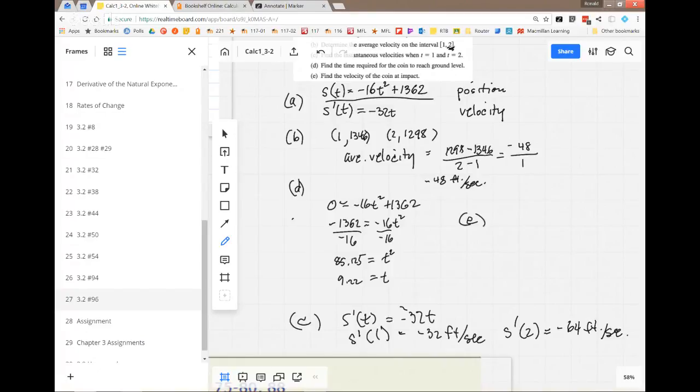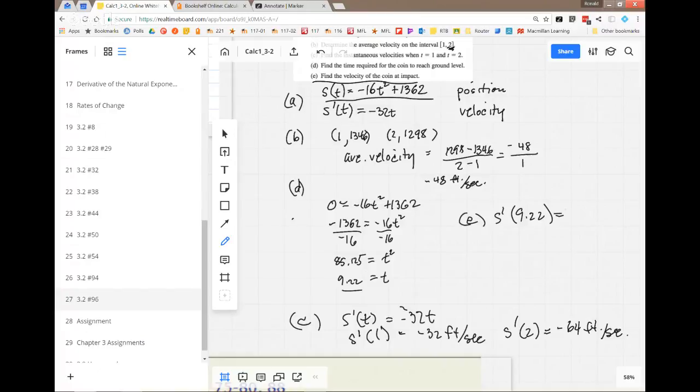What's the velocity of the object when it hits the ground, which is what he asks at impact? Well, that would be s prime at, remember, here it is, 9.22.